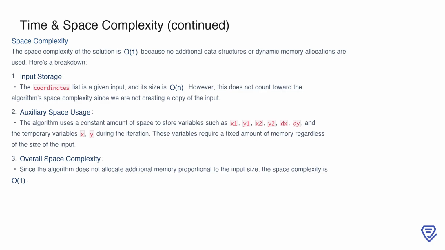The only memory required is for a fixed set of variables such as x1, y1, x2, y2, dx, dy, and the temporary variables x and y used during the iteration. Since the memory needed for these variables does not grow with the size of the input, it is constant. Therefore, the overall space complexity remains O(1), making the solution highly space optimized.